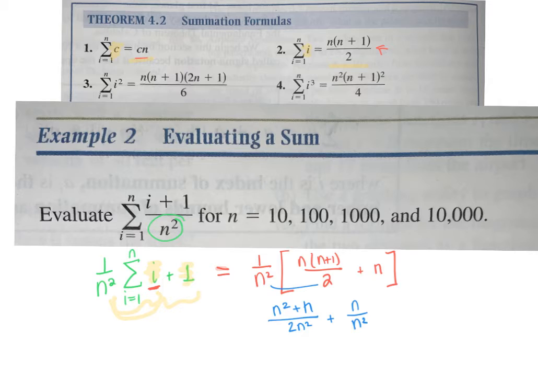All right, and you can simplify this. Since you have the common denominator there, you can actually just add: n² plus 2n, right? And we multiply this to get the common denominator by 2, right? So we're going to say 3n.